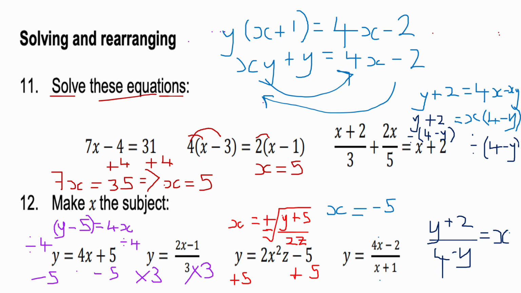Now we've got x, the subject. So x is equal to y plus 2 over 4 minus y. Now I can't simplify that any further. I can't do anything further with that. That would be my final answer for that question.